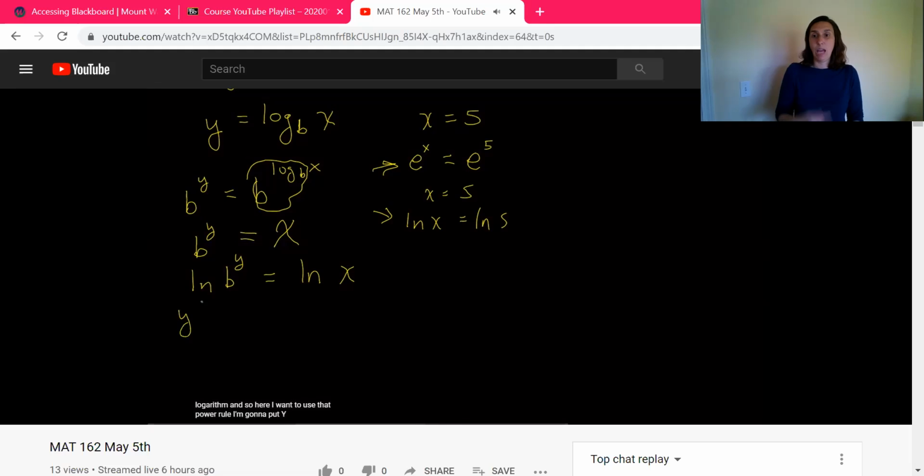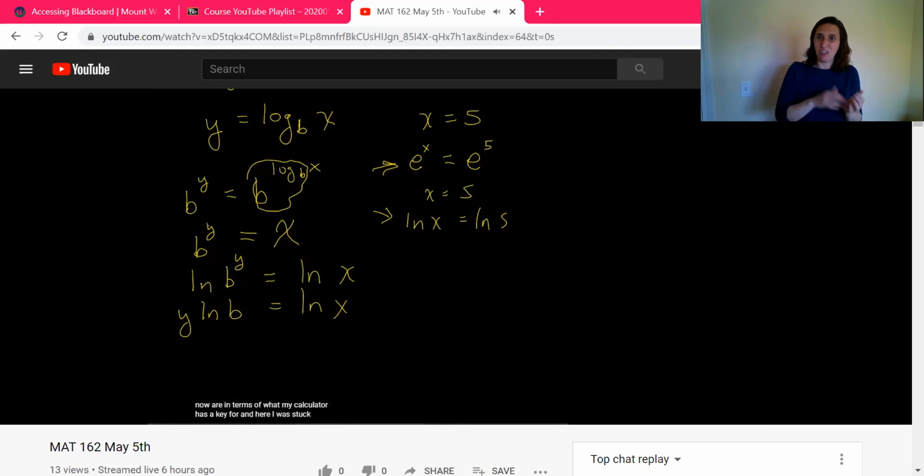I'm going to put y ln b equals ln x. Notice what I've done. I no longer have the log of the base that my calculator doesn't have a key for, right? All my logs now are in terms of what my calculator has a key for.